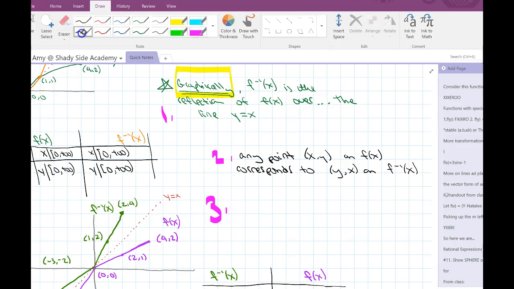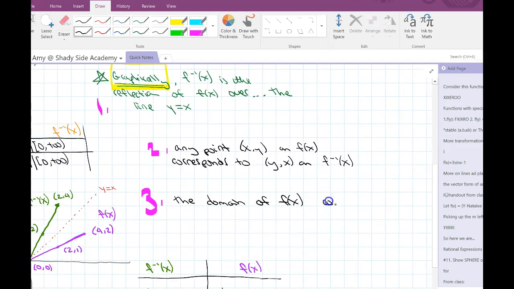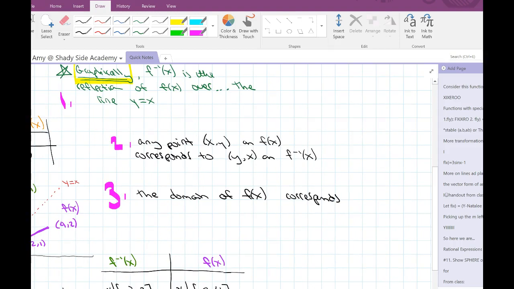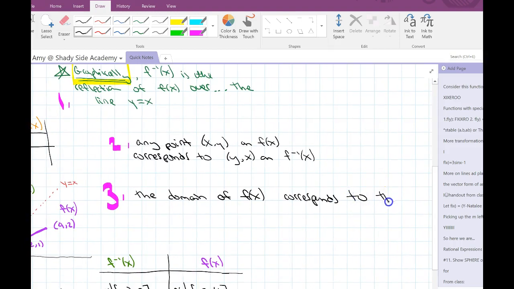Okay, the third point is the following, that the domain of f of x corresponds to the range of the inverse, okay?